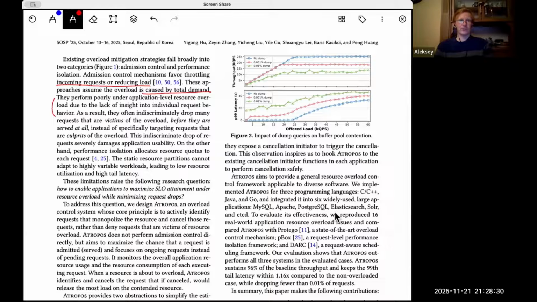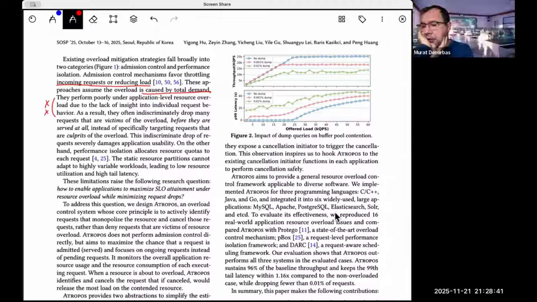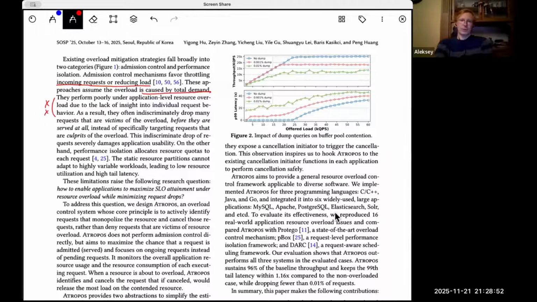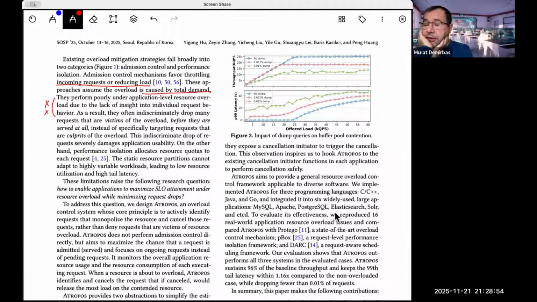As a result, they often indiscriminately drop many requests that are victims of the overload before they are served at all, instead of specifically targeting requests that are culprits of the overload. Interesting. What do you mean by culprits? They are just taking longer, or maybe they are taking very critical resources, and maybe we have to wait them out.